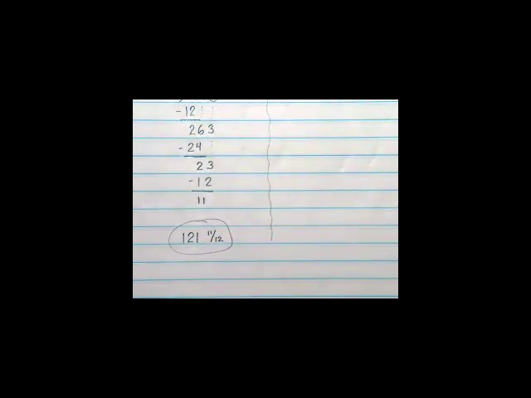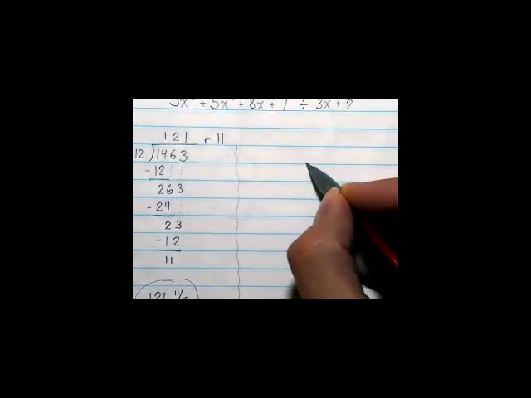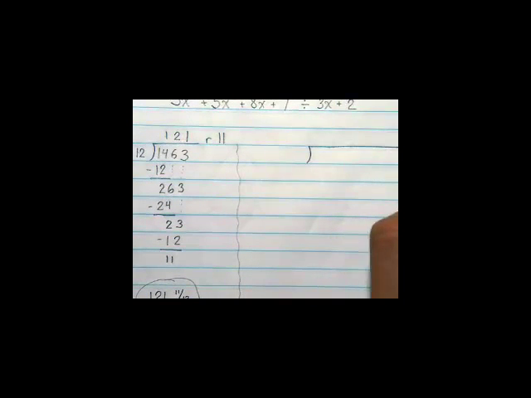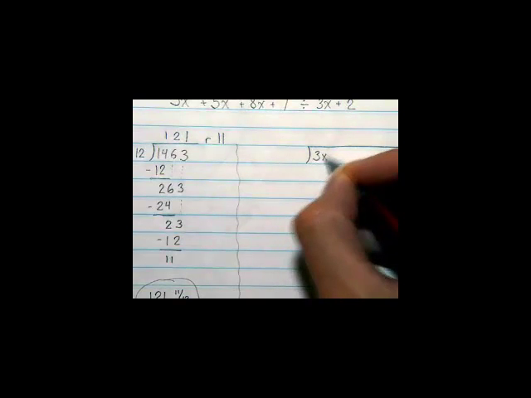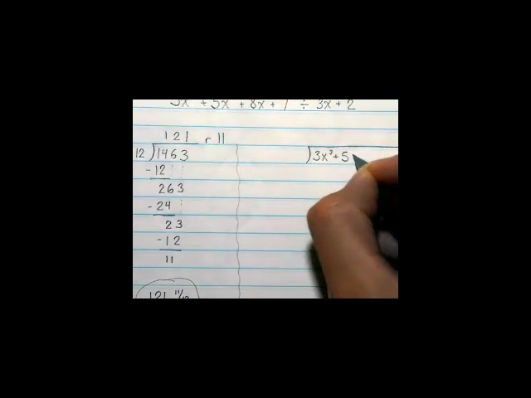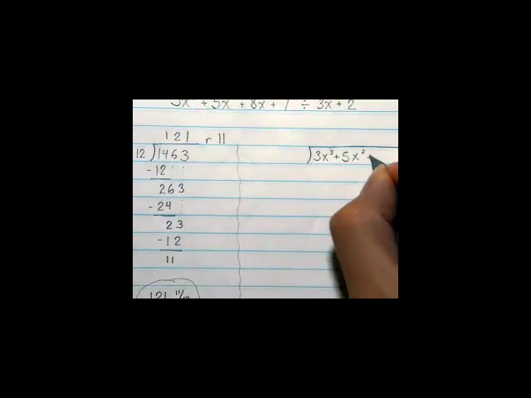We'll do the long division with the polynomials kind of like this, where we'll turn it into a fraction at the end. So keep that process in the back of your mind here, because we're going to do kind of that same thing. So we're going to take 3x to the third plus 5x squared plus 8x plus 7.